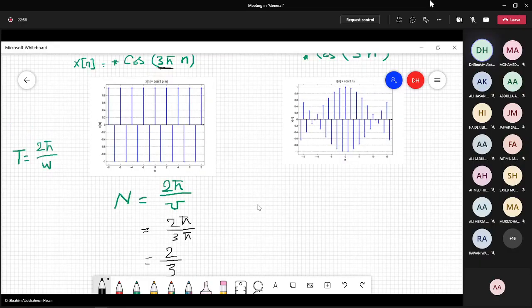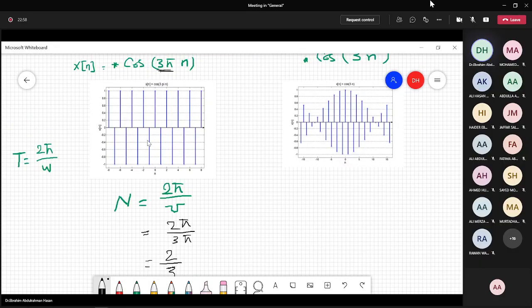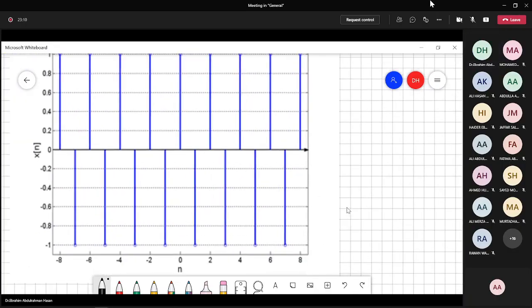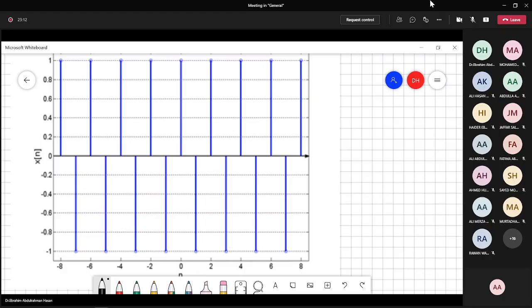But we say that this is discrete. If you look here, a period from one point, okay, so this is at 0, for example, it's going to repeat itself here.